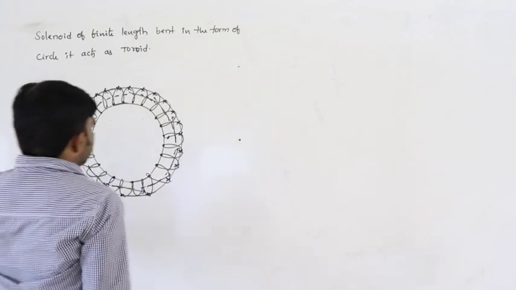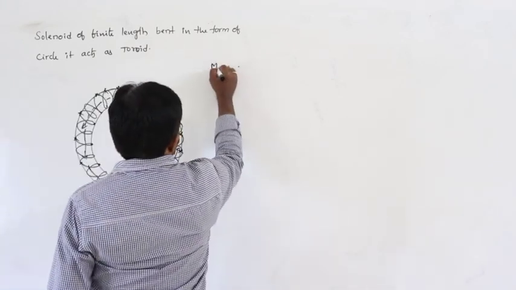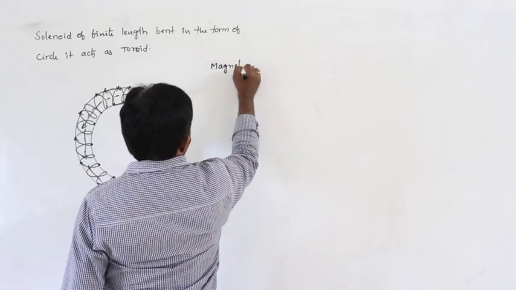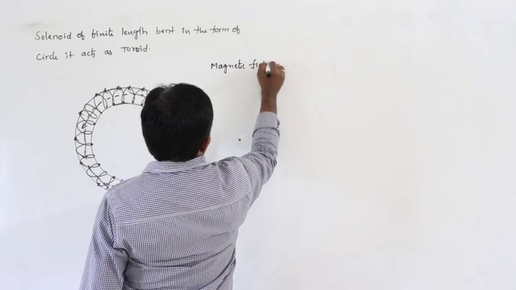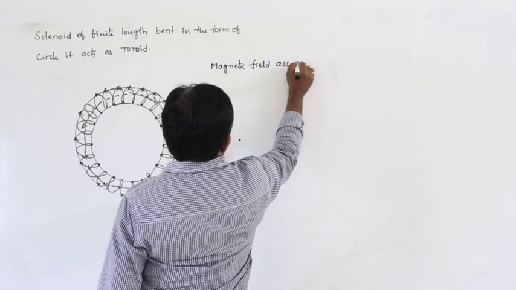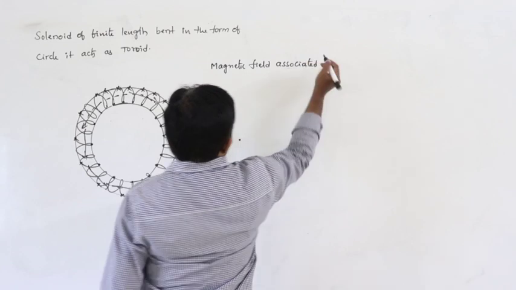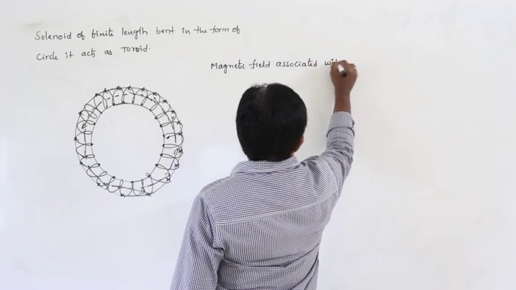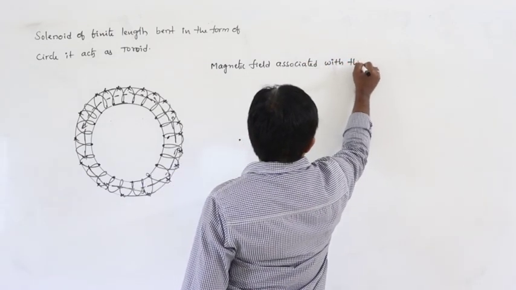So what is the magnetic field associated with this toroid?